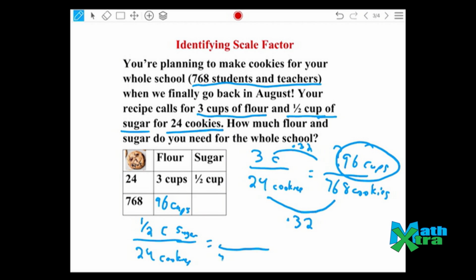Now we still need 768 total cookies, and we need to know how many cups of sugar. 24 times 32 is still 768. 1/2 times 32 is 16 cups of sugar.